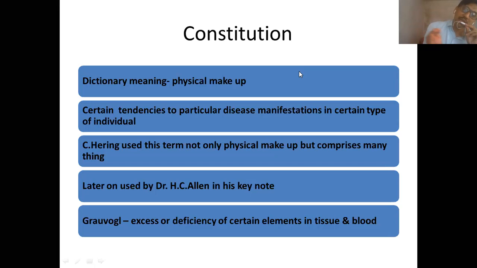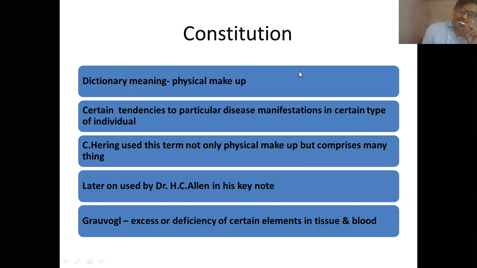So Dr. S.C. Allen also started using these terminologies while giving keynotes, not only limited to physical makeup, but with respect to certain other things that we will see. The word constitution is related with what other concepts.